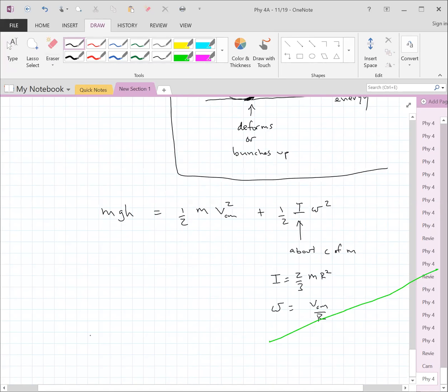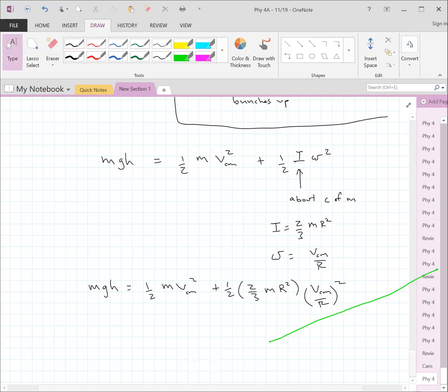So now our equation becomes mgh is 1/2 mv squared plus 1/2 times 2/3 mr squared times, I guess I shouldn't go back and forth between lowercase r's and capital R there, times omega squared, which is going to be v center of mass over r squared.